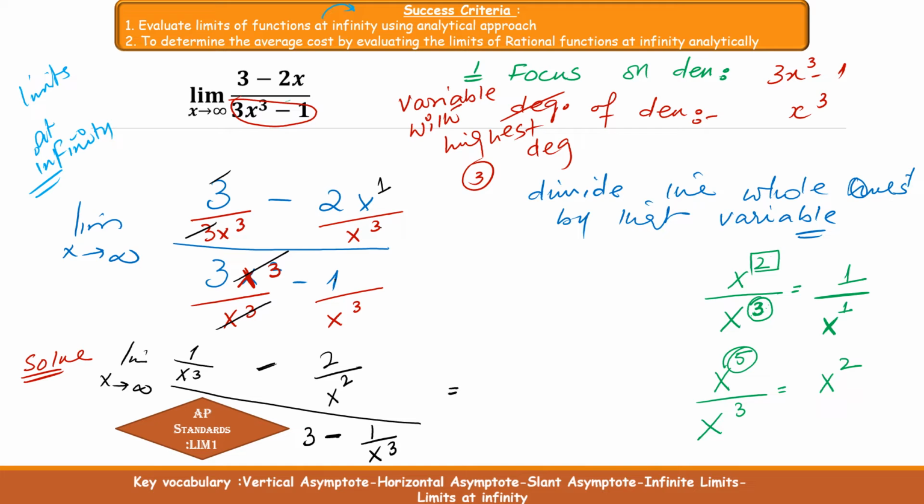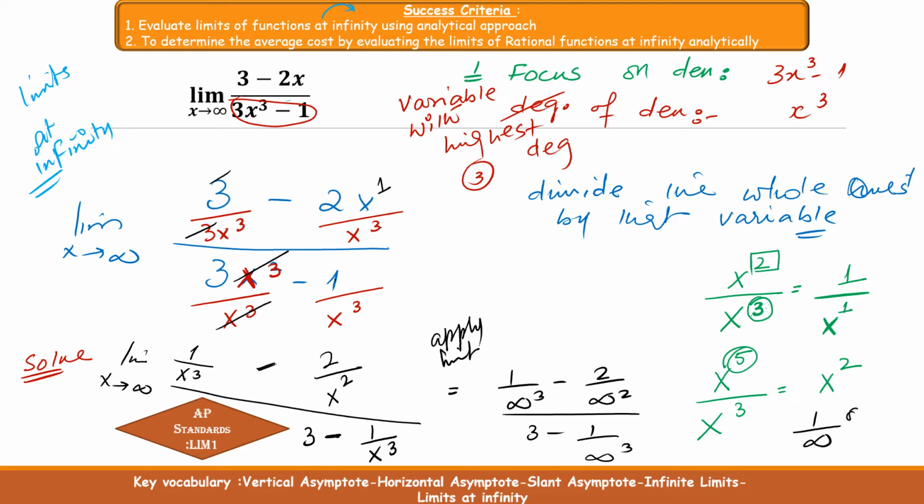Once it is done, apply the limit. The last step is apply limit. Wherever you have x, replace by infinity. Now we remember the property of the limit that 1 over infinity or any number over infinity, the answer is 0.